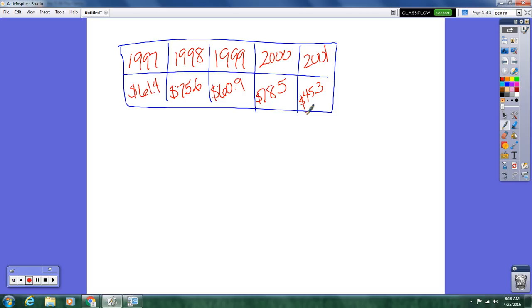Alright, so number 1 on this one says find the mean and median of the data to the nearest tenth. So put all of these in, find the mean and median. So use your calculator, put all these in and find the mean and median. Why did they not ask for the mode?